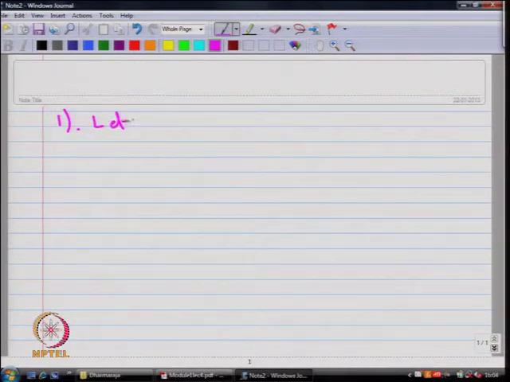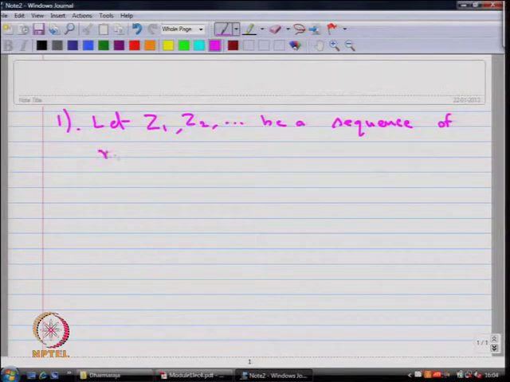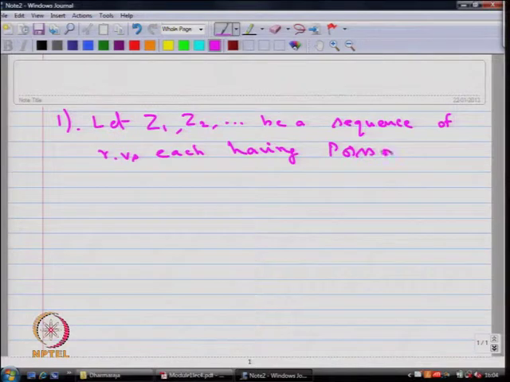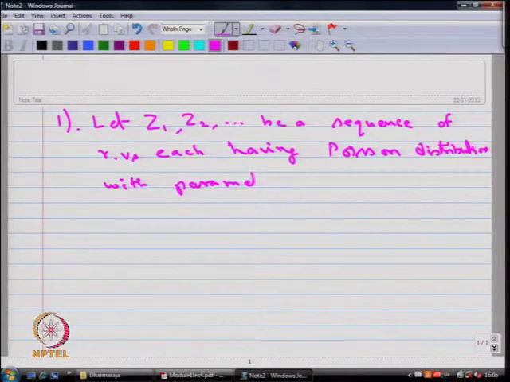Let Z1, Z2, and so on be a sequence of random variables, each having Poisson distribution with parameter n.